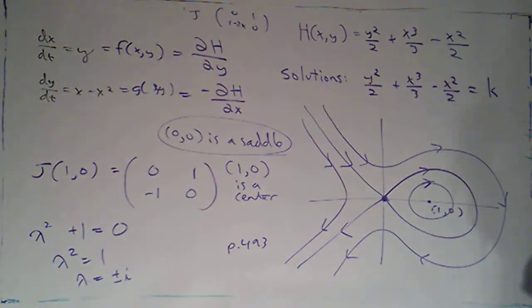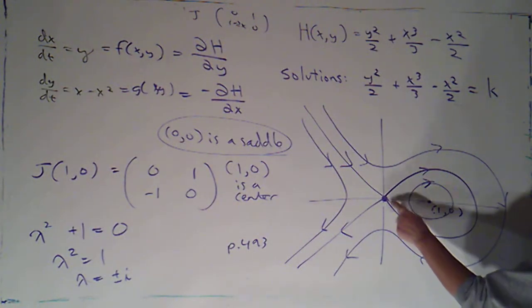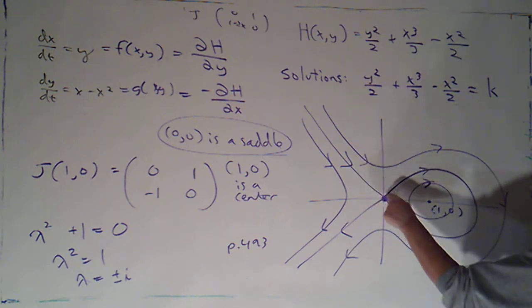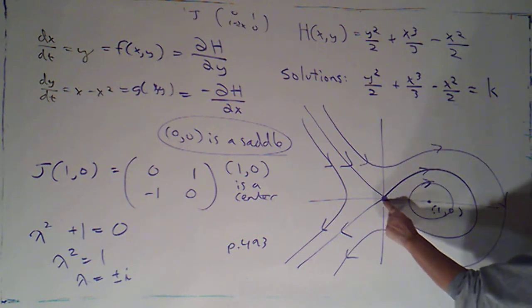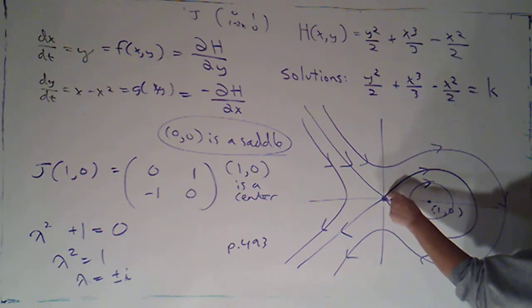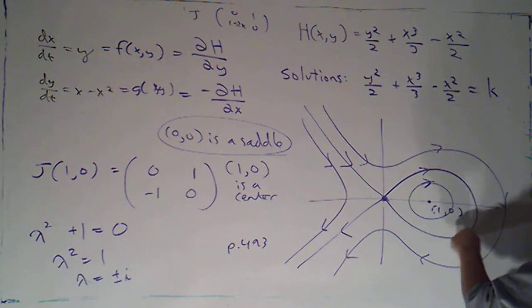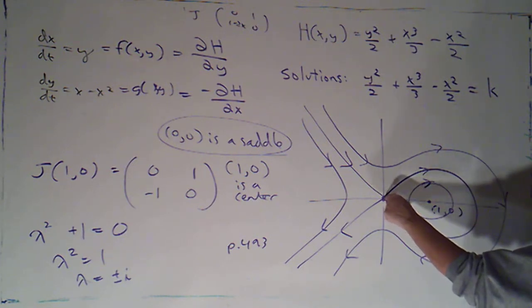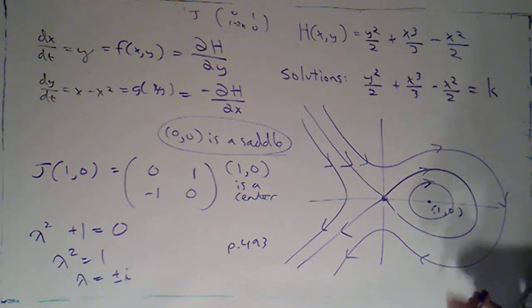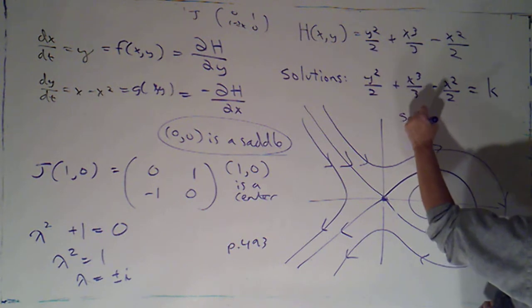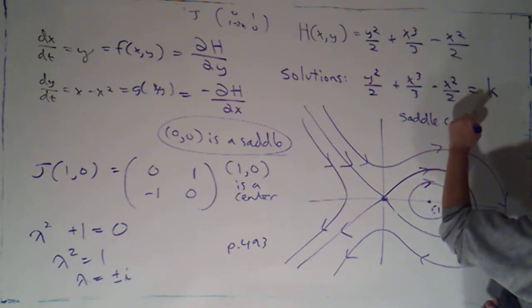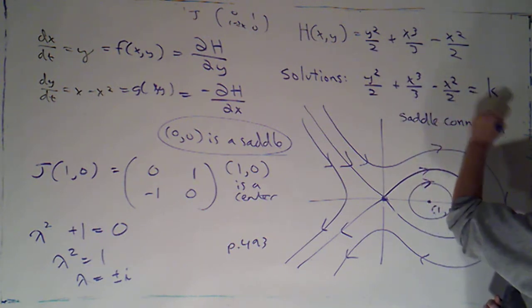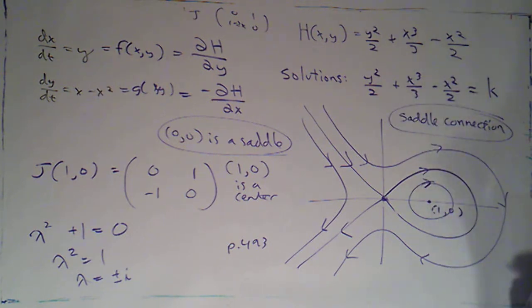When you have a situation like this, remember we call these solution curves that approach or leave this equilibrium solution that's a saddle, we call those separatrices. And when I have a separatrix leave and then come back to the same equilibrium solution, we call that a saddle connection. A kind of neat thing that can happen, so I wanted to make sure that I pointed that out.